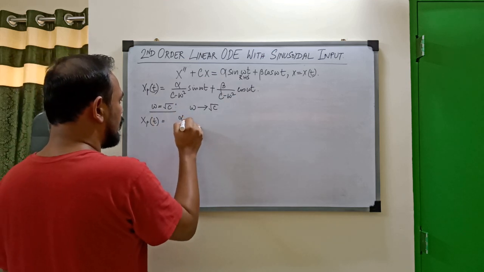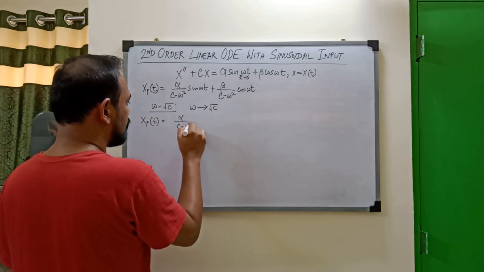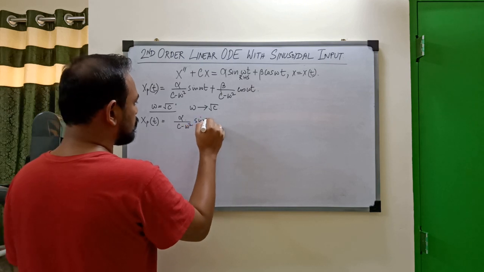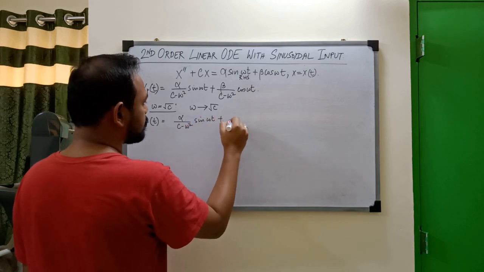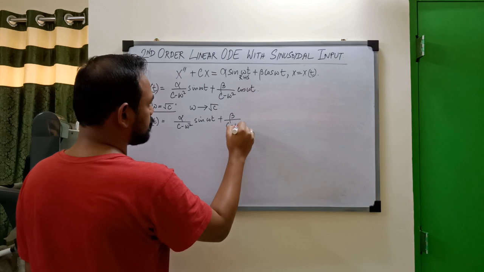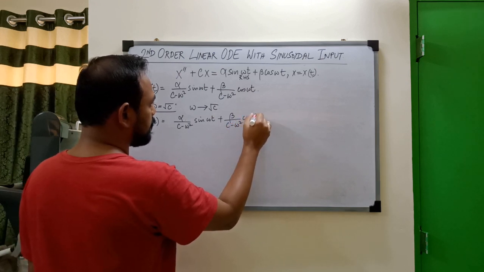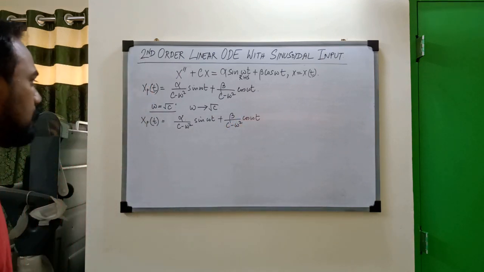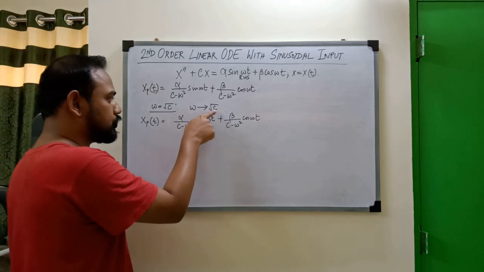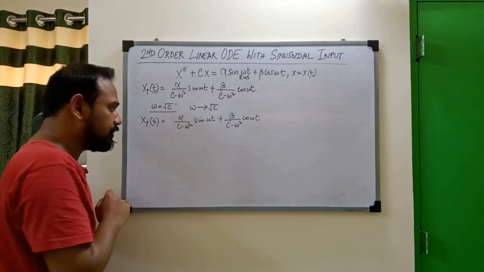So let's just write that down. Alpha by c minus omega square sine omega t plus beta by c minus omega square cosine omega t. However, we know that finally we have to move this to root c.